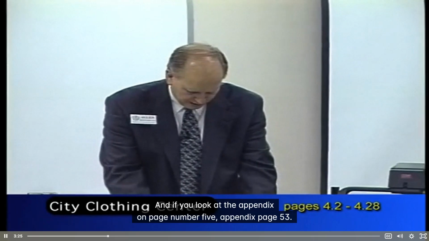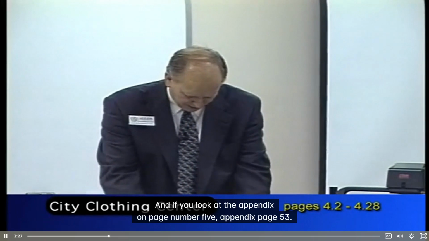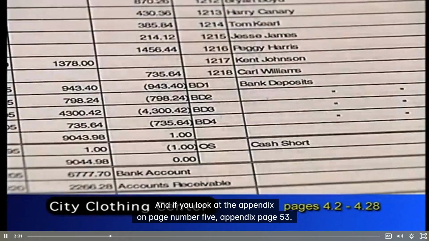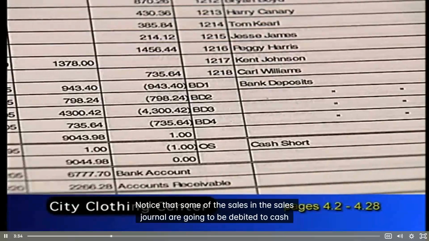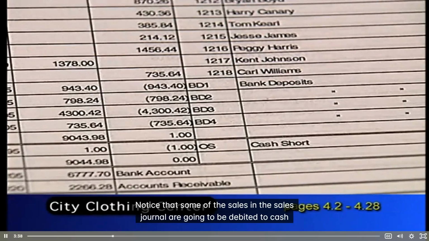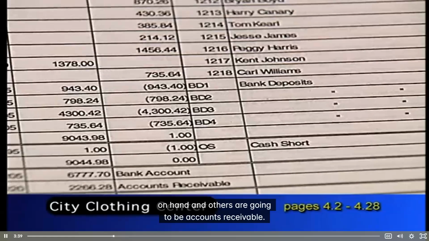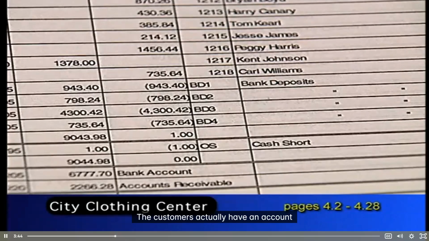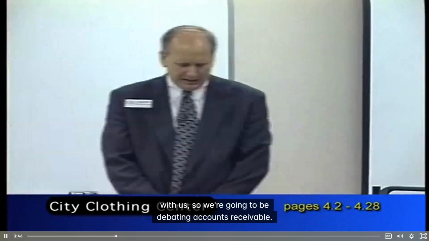If you look at the appendix on page number 5, appendix page 53, notice that some of the sales in the sales journal are going to be debited to cash on hand, and others are going to be accounts receivable. The customers actually have an account with us. So we're going to be debiting accounts receivable.